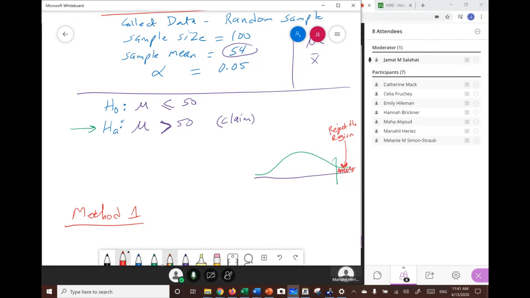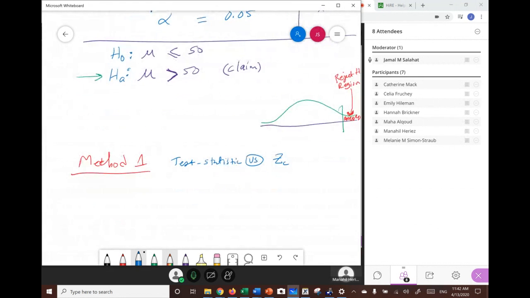Method 1, I'm going to use the test statistic versus the critical value. Because sigma is known, we're going to call it Z critical. So let's first find the Z critical.